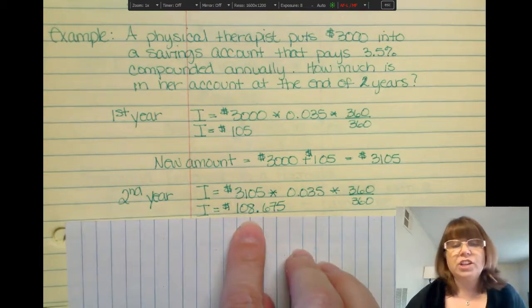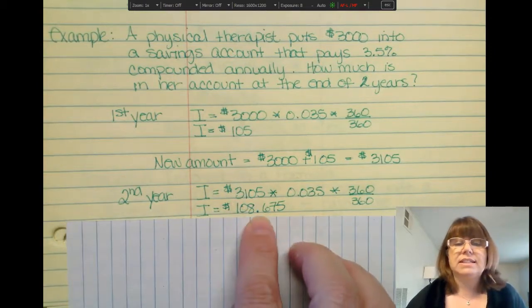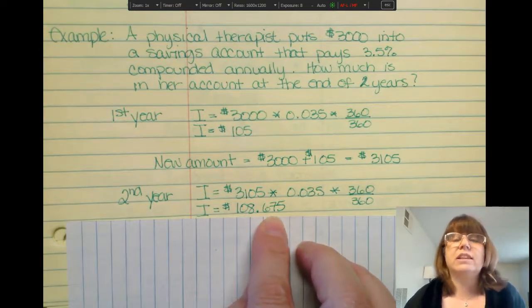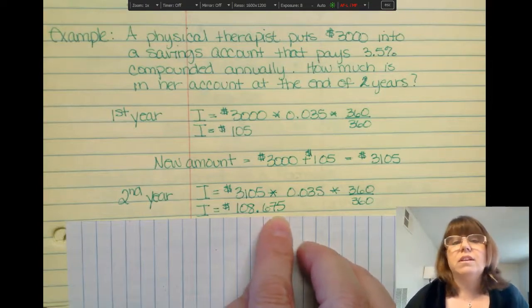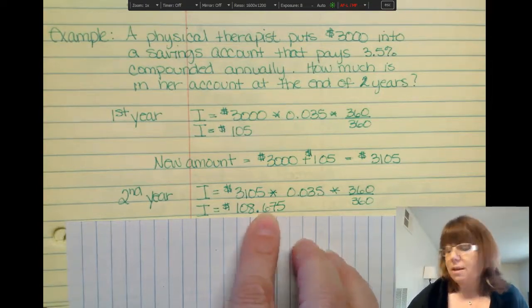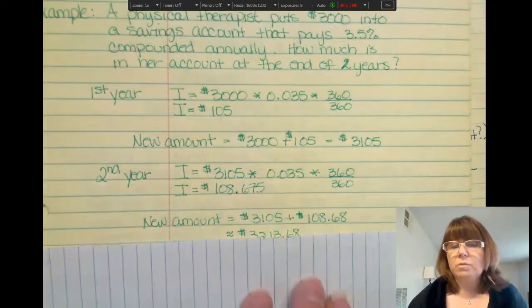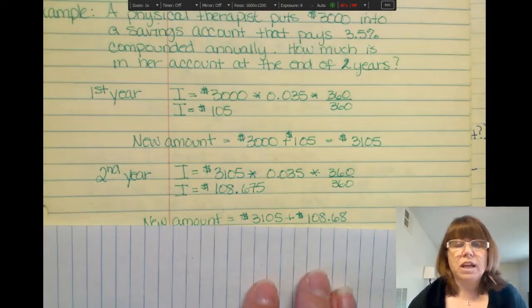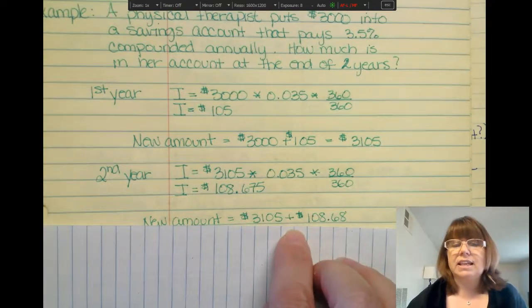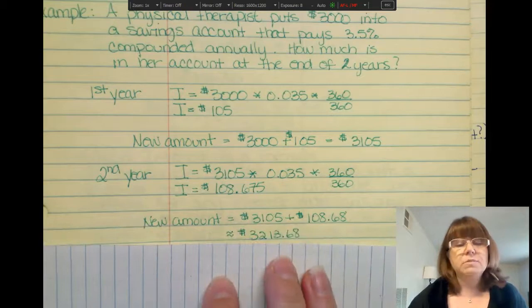She receives $108.675. Now, of course, you're not going to get the 0.675 for the cents, so I'm just going to round up. So her new amount is going to be the $3,105 plus the interest she received in the second year, $108.68. So it's going to be approximately $3,213.68.